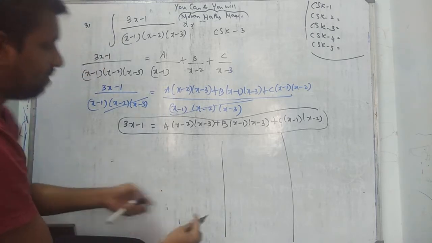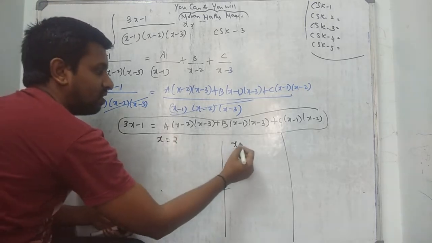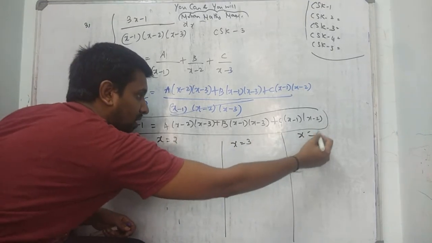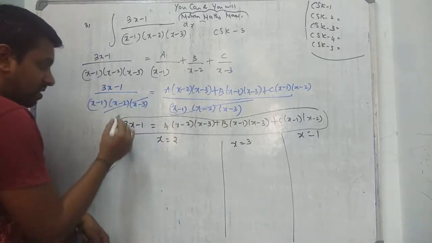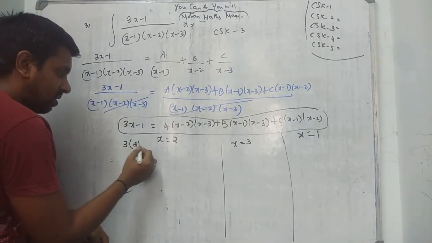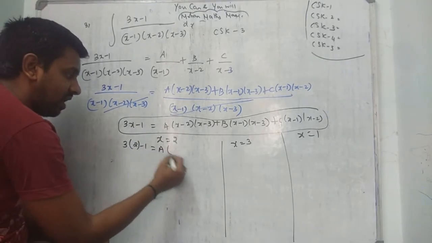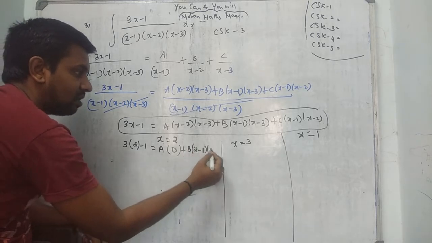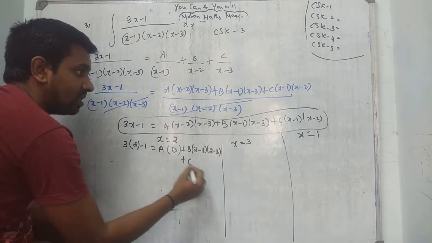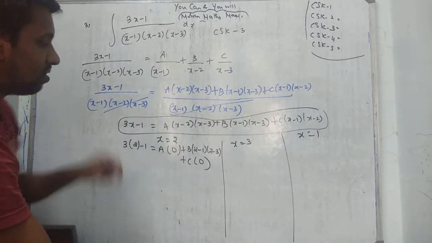So first, I will put x equal to 2, x equal to 3, x equal to 1, starting with x equal to 2 on both sides, don't forget both sides. So 3 times 2 minus 1. X equal to 2 now, this A term will become 0, and this C term will also become 0, because 2 minus 2 is 0, 2 minus 2 is 0.